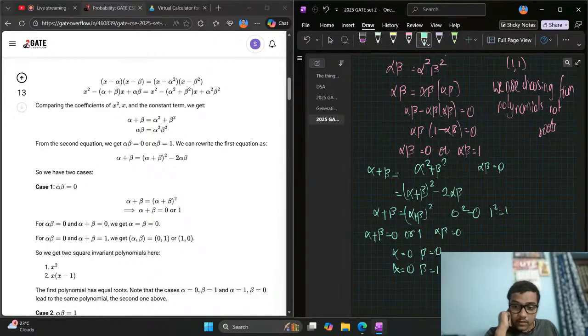So in both cases that polynomial is going to be x square minus sum of roots x plus product of roots. This is going to be 1. And x square, 2 square invariants.